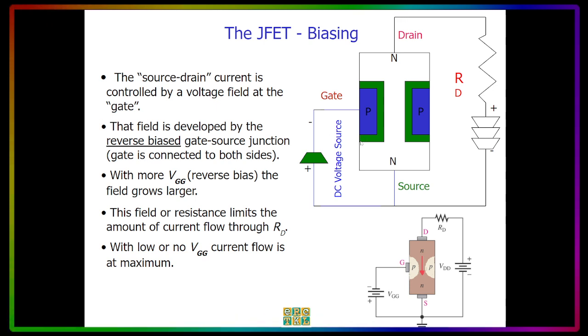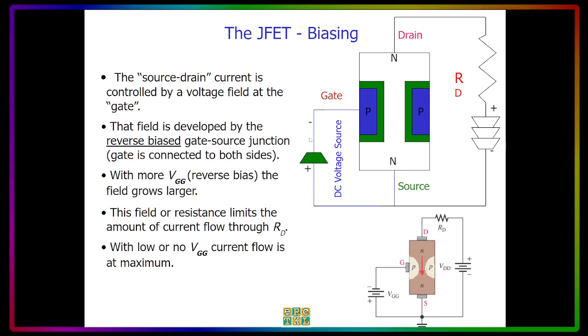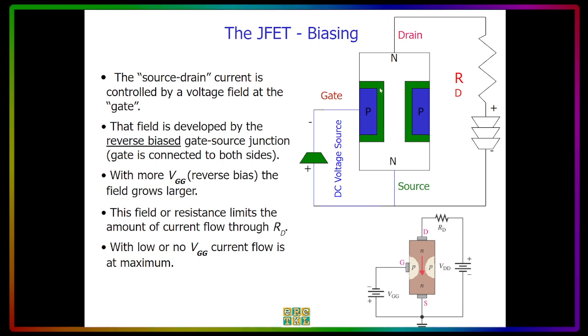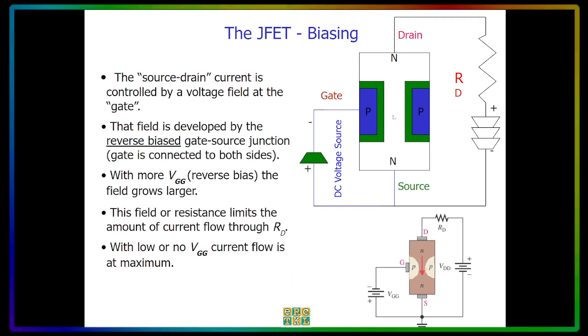So this will have a depletion layer here. And the more voltage you apply in the reverse bias here, the more the depletion layer, the field, will grow or become larger. So this field, or we can represent it like a resistance, will limit the flow of current between the source and the drain.